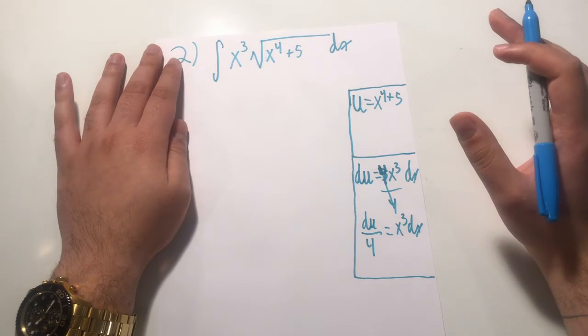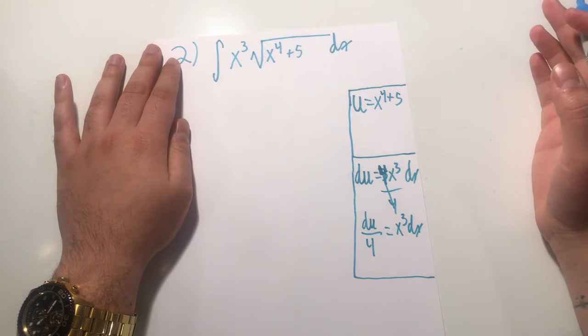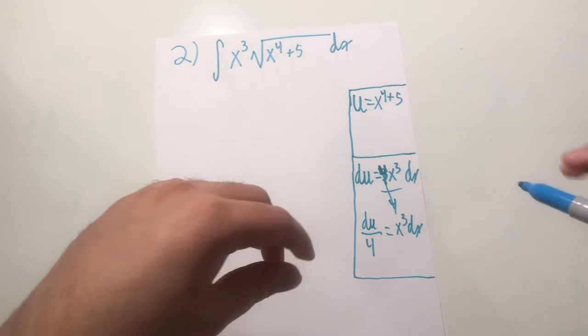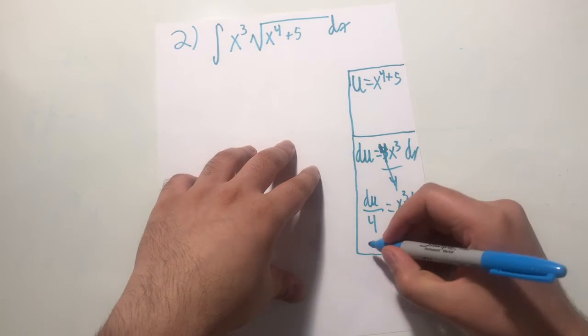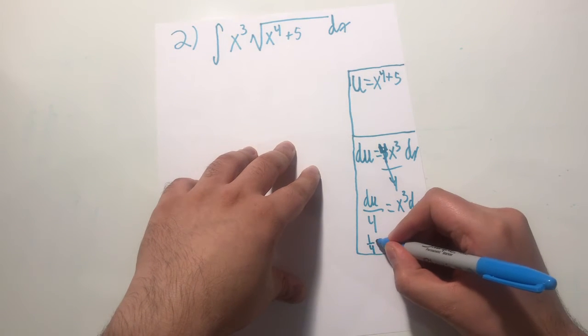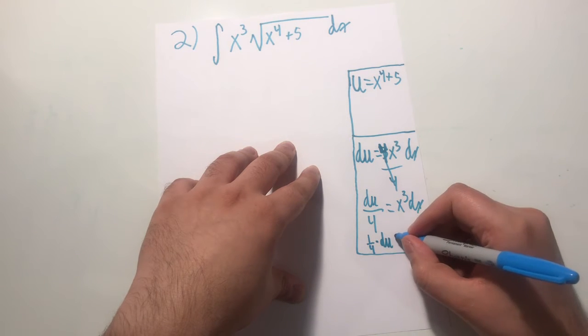Okay, so now we can actually do our substitution, right? What I suggest doing for this stuff is, rather than writing du over 4, write 1 over 4 times du. It'll make things look a little nicer in the end.